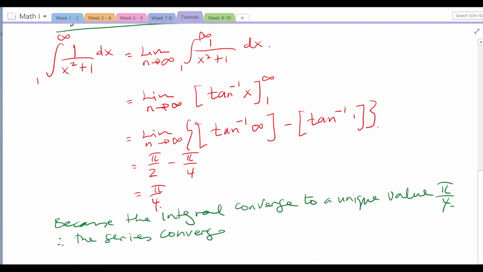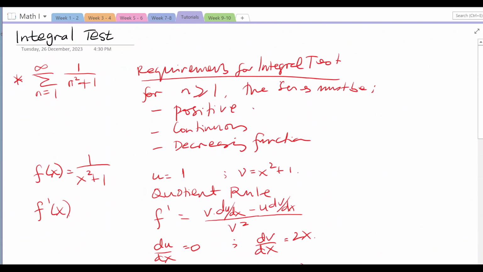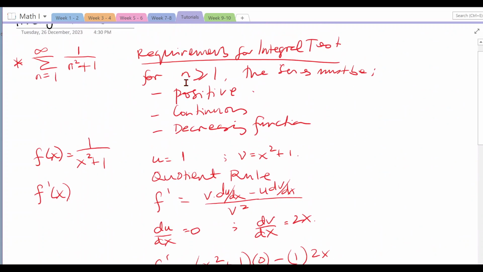That's the basic definition of convergent, meaning it converges to a unique value. In this case, the unique value is pi over 4. So that's an example of the integral test. We have to determine that the series is positive, continuous, and decreasing for the n or the x of the function in the range from n greater than or equal to 1.